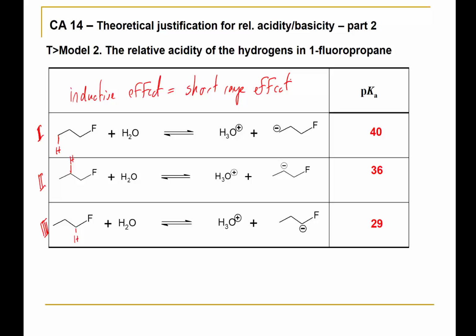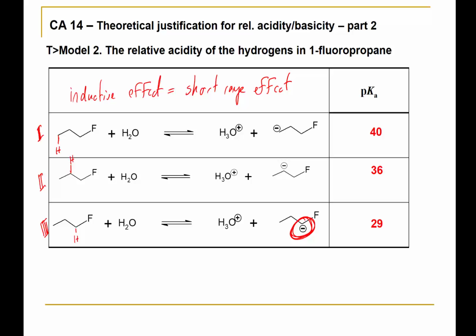This sort of effect does not apply to resonance, where you can get delocalization of electron density through an entire molecule. But in this particular case, it's the negative charge right down here, right next to the fluoro group, that really feels the effect of the electron density being pulled towards that fluorine.